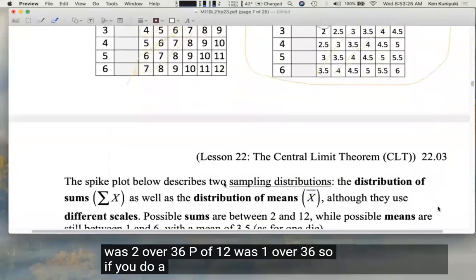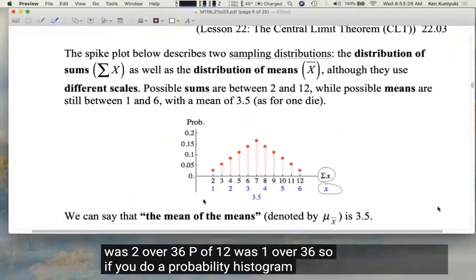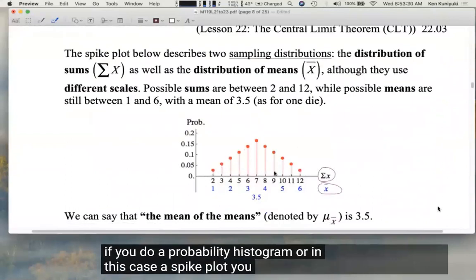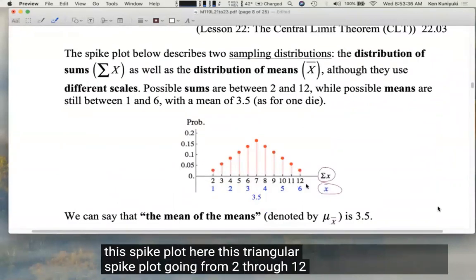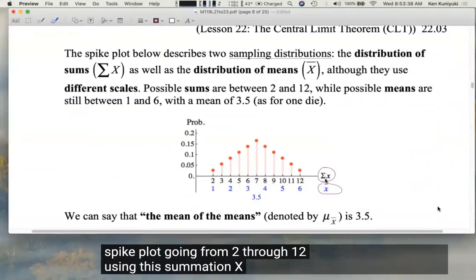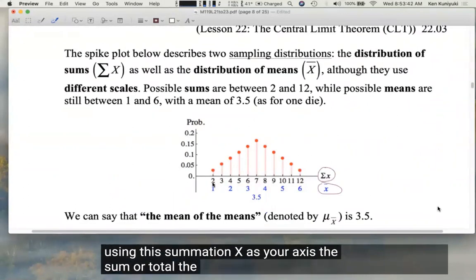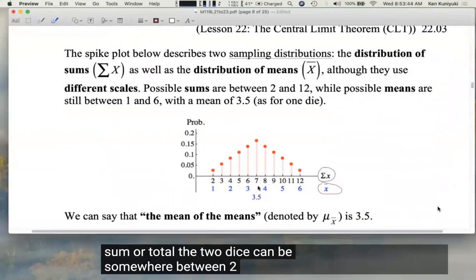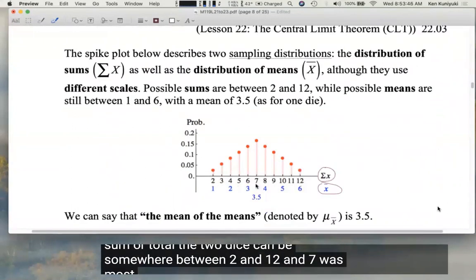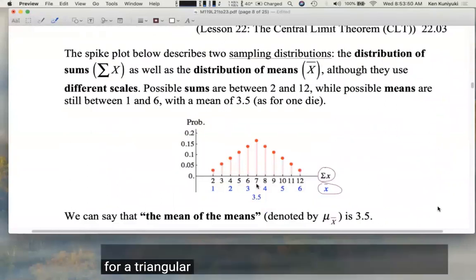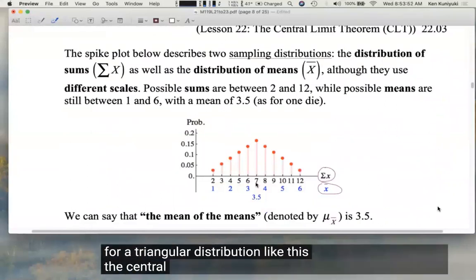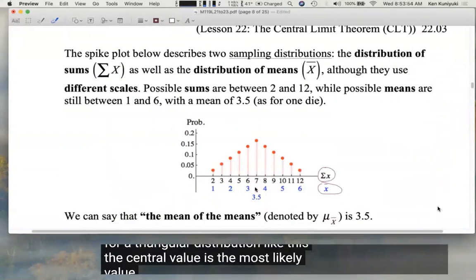So if you do a probability histogram, or in this case a spike plot, you would get this triangular spike plot, going from 2 through 12, using this summation x as your axis. The sum or total of the 2 dice can be somewhere between 2 and 12, and 7 was most likely. For a triangular distribution like this, the central value is the most likely value.